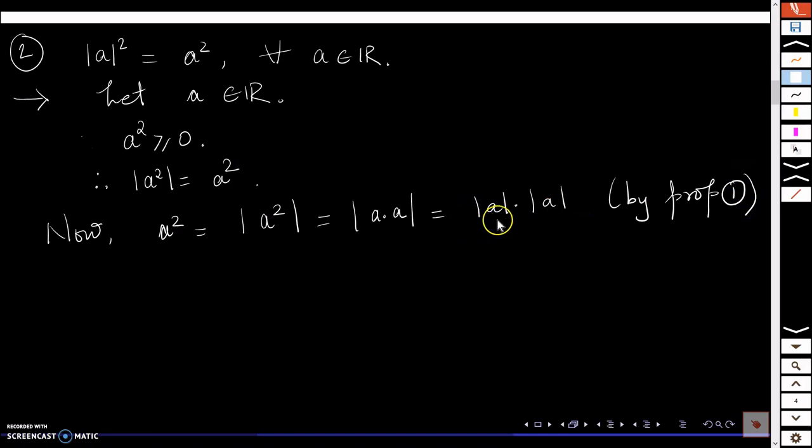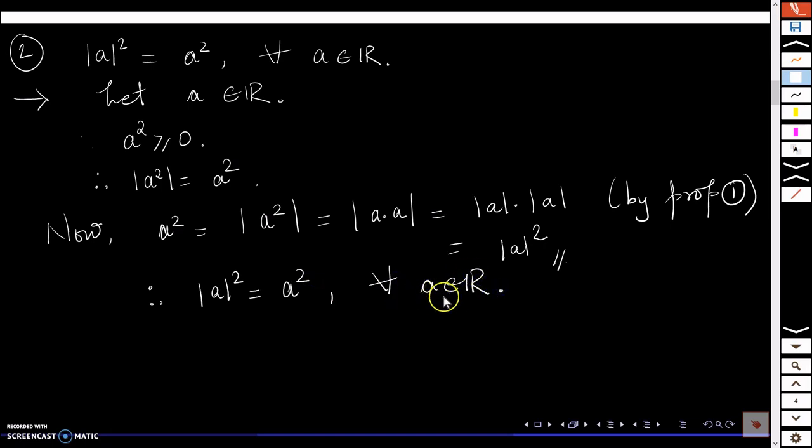And mod A into mod A is nothing but mod A the whole square. So what we have shown is that mod A the whole square is nothing but A square for any real number A.